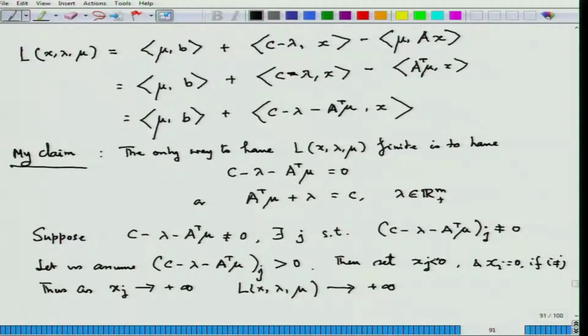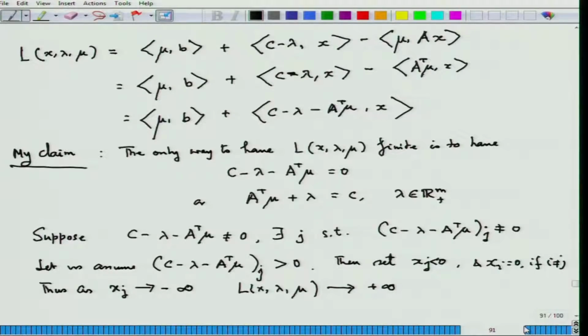Which means that if I want to minimize, I can show that I can move along one line and this is unbounded both ways. So, as xj tends to minus infinity, this thing also tends to minus infinity.